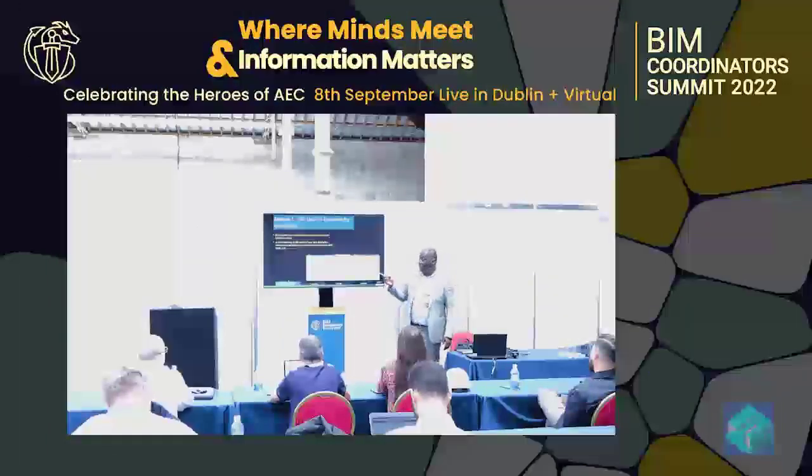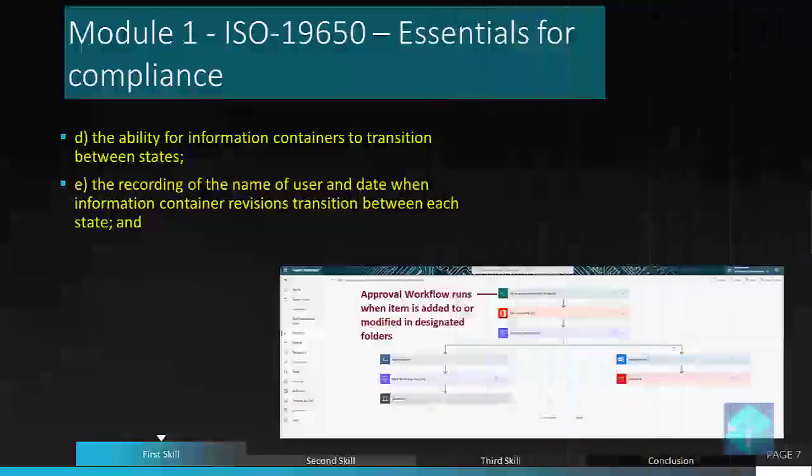And then the final piece of this, which is quite important, is that if you have the ability for information containers to transition between states, that has to be a controlled transition. So one of the last things that we're going to be looking at is the ability to bring in an approval workflow that when a file is either added or updated, it immediately triggers an approval workflow so that it transitions between states according to those approvals, okay?